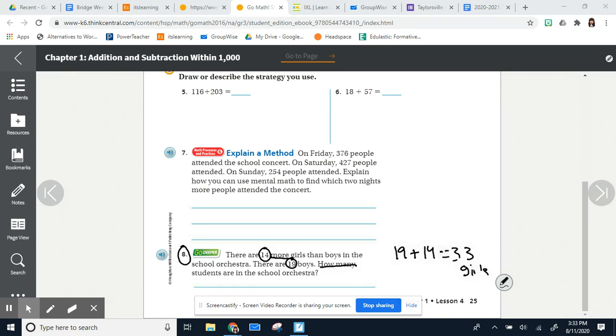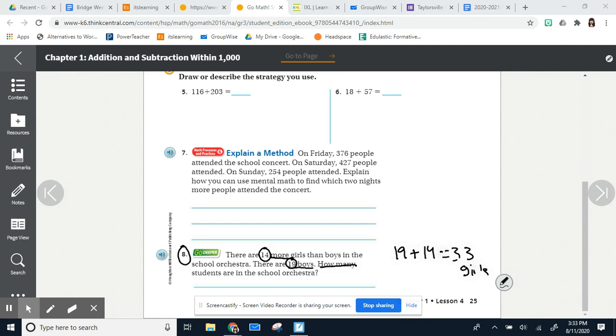Okay, because if I just said there was 33 students, well, that wouldn't make sense because there has to be 14 more girls than there are boys. So it just would not work out that way. So what I've just found out is that there are 33 girls. Okay, and they tell me that there are 19 boys.